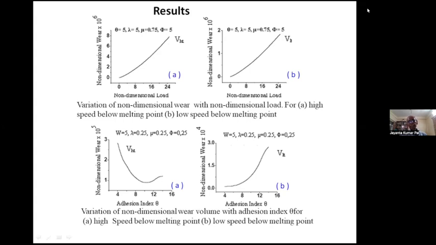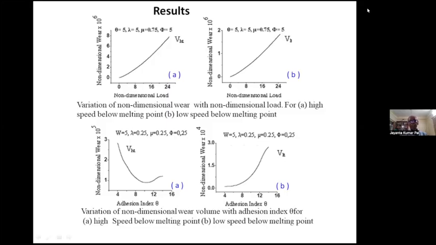This again is because in this case, at large adhesion index, there is no adhesion and abrasion takes over and we have large wear.